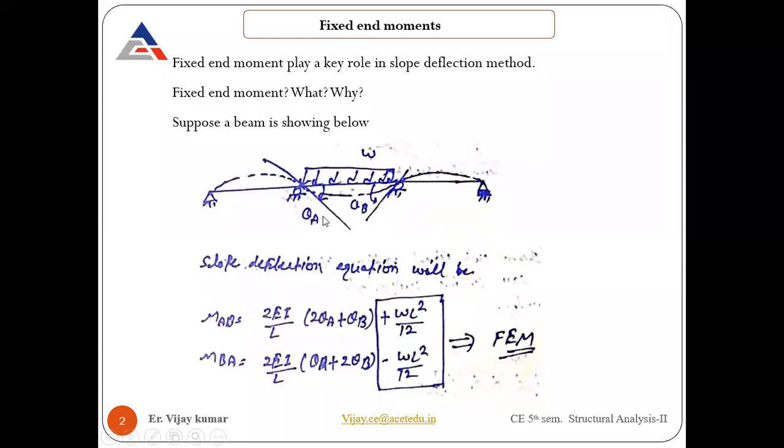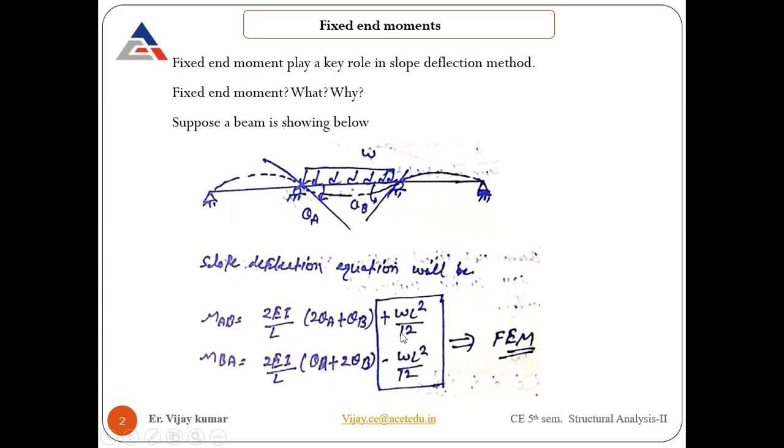If you write the slope deflection equation for this particular segment AB, MAB, the moment which happens at spot A due to this load, can be calculated using our slope deflection equation, which is 2 EI by L, 2 theta A plus theta B. Up to this portion, everybody knows how this value comes out. The derivation we already saw in the last class, plus WL square by 12.